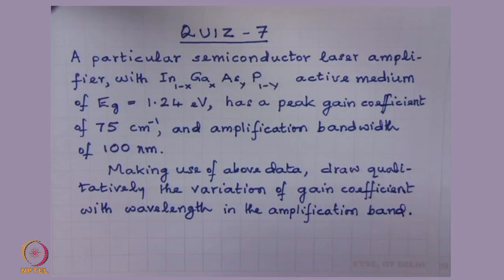It is in wavelength now. 100 nanometer is the amplification bandwidth. Making use of the above data, draw qualitatively the variation of gain spectrum with wavelength in the amplification band.